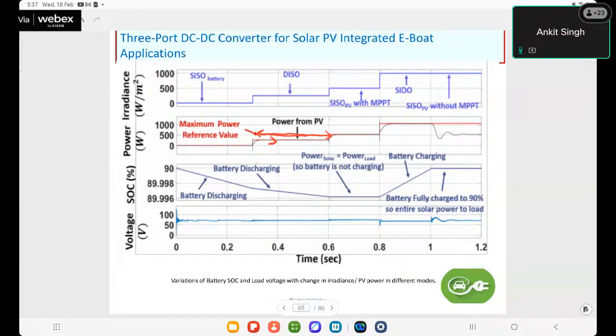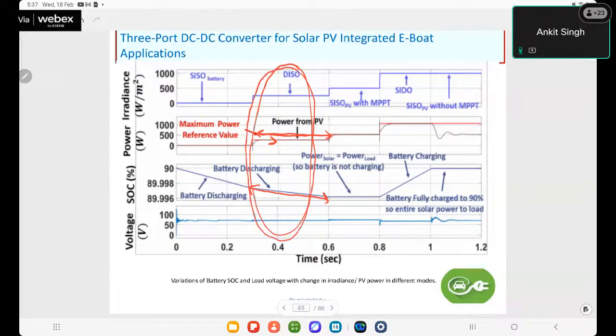So the battery is discharging, and solar PV is also supplying power to the load. We can say DISO means a multi-input single output system.